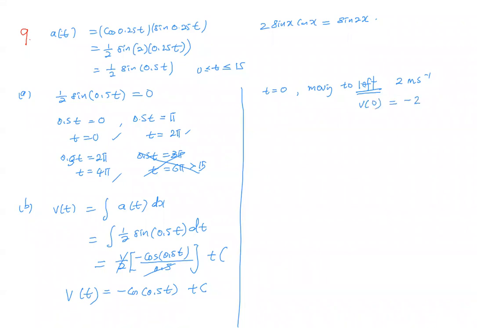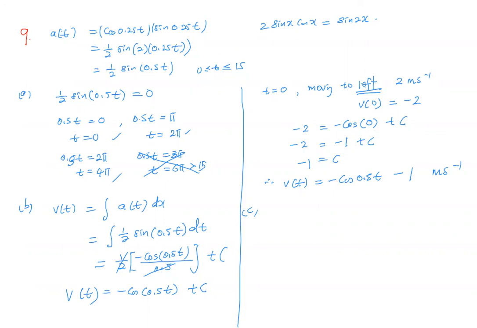So I put into the equation: -2 equal to negative cos 0 plus C. cos 0 is 1, you can use your calculator. So C equal to -1. So the velocity function is equal to negative cos 0.5t minus 1 meter per second.